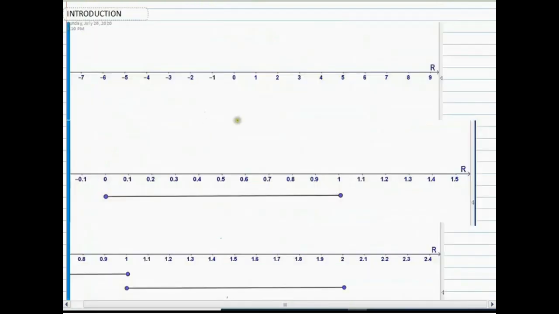So what are the points on this line? 0, plus 1, minus 1, plus 2, minus 2, then plus 3, minus 3, and plus 4, minus 4. These are the numbers.